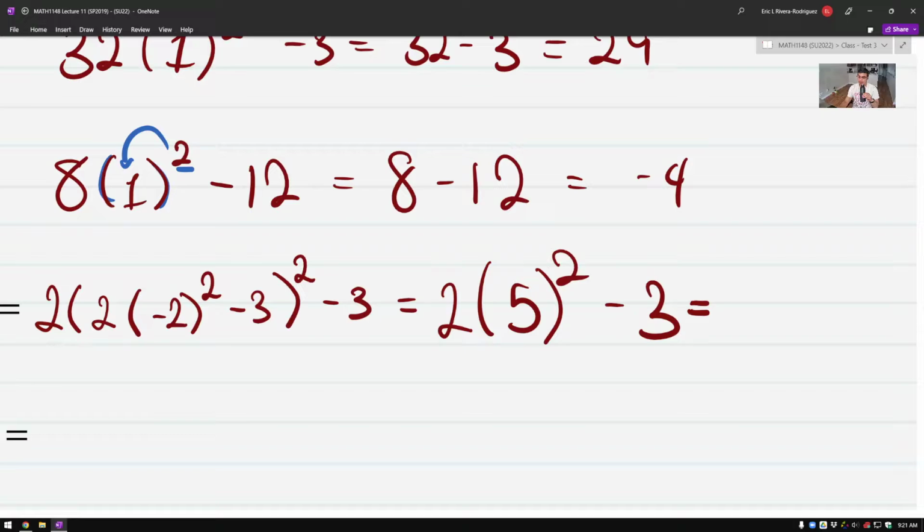Next step, the power again: 5 raised to the power of 2 is 25, times 2 is 50, minus 3 is 47.